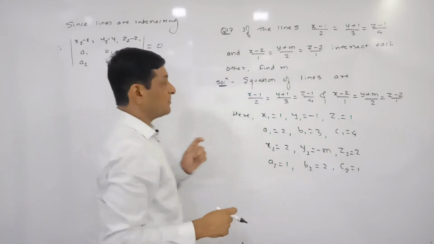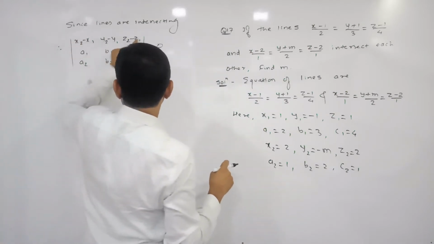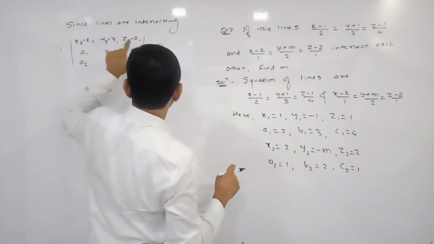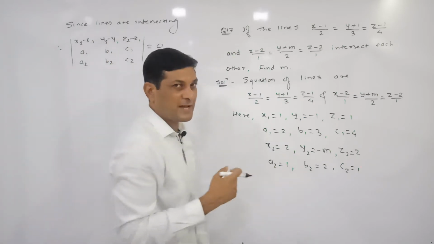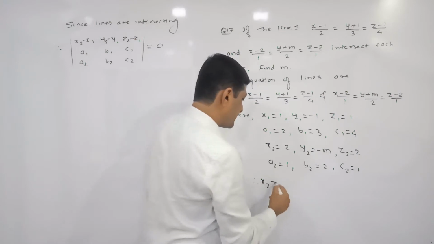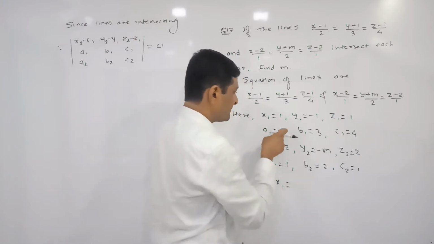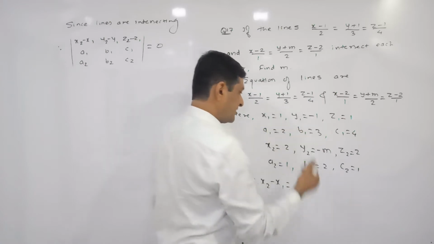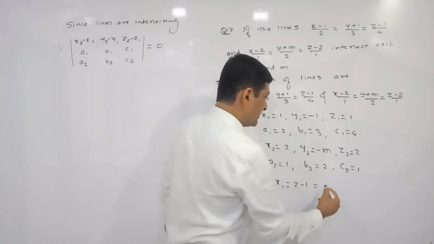Now if you observe our condition, in the first row, x2 minus x1, y2 minus y1, z2 minus z1 values are required. So we are finding x2 minus x1, which is 2 minus 1, equal to 1.